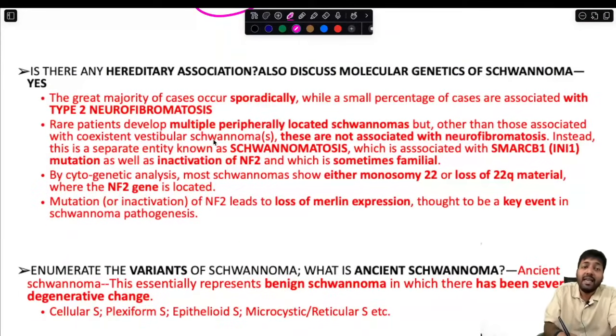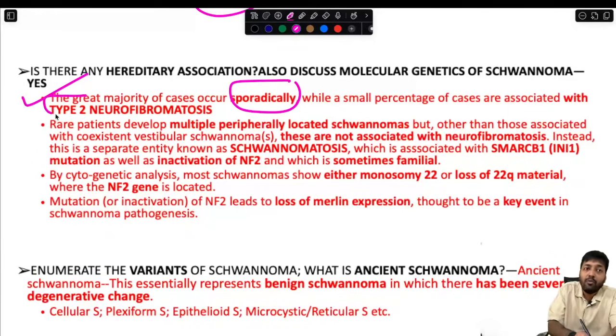Now, is there any hereditary association? If yes, also discuss the molecular genetics of schwannoma. Remember, the great majority of cases occur sporadically, while a small percentage are associated with type 2 neurofibromatosis. Rare patients develop multiple peripherally located schwannomas, but other than those associated with coexistent vestibular schwannomas, these are not associated with neurofibromatosis.